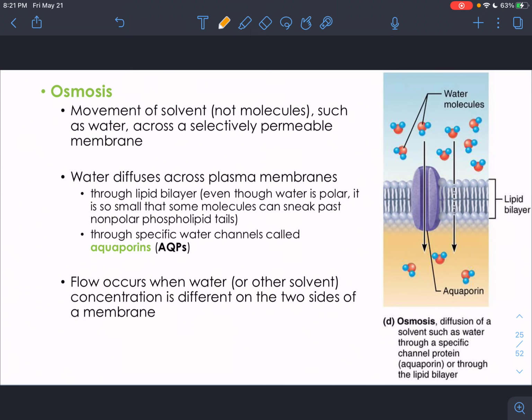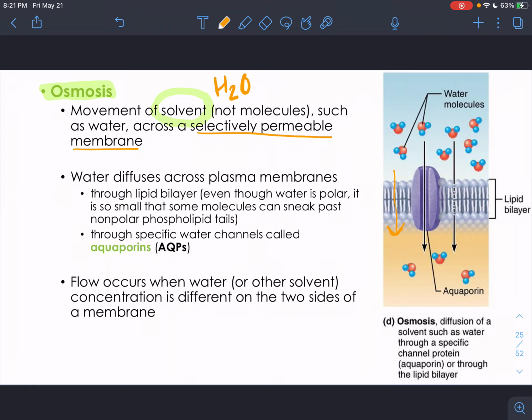The last type of passive transport is osmosis, which is similar to diffusion, but instead of the solute moving, the solvent is moving. In most cases that's going to be water. And it's moving across the selectively permeable membrane. Sometimes it can get through just through simple diffusion on its own.